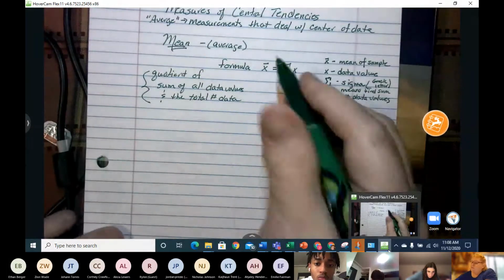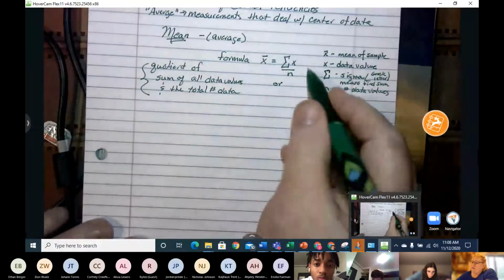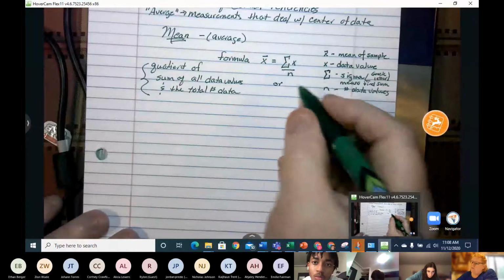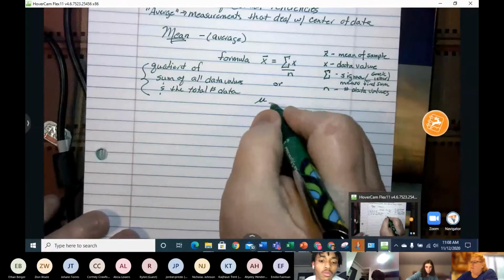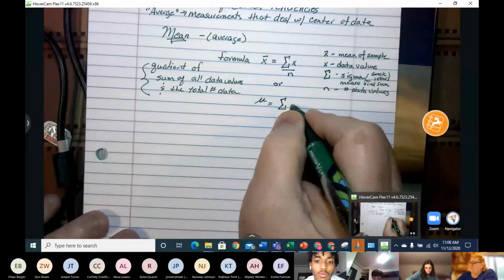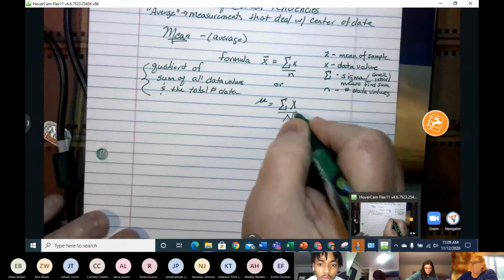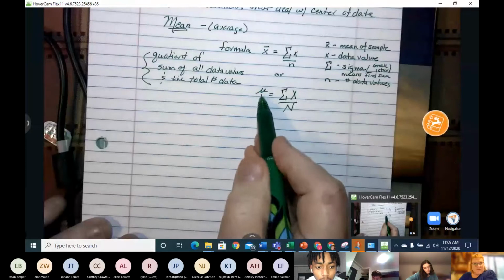Now you will also see another formula that looks very similar to this one, but it has a few different symbols. One of the symbols that's different is this first symbol.